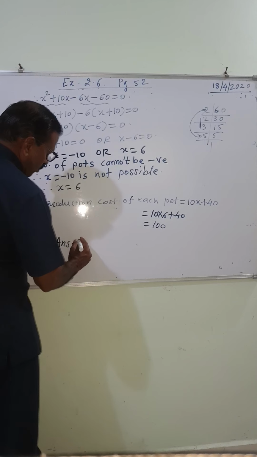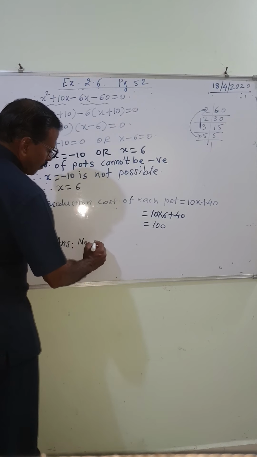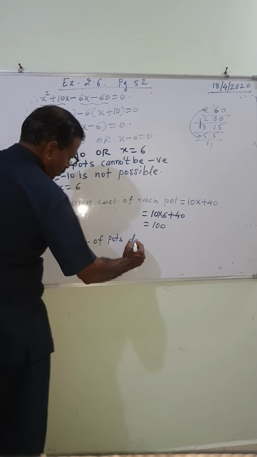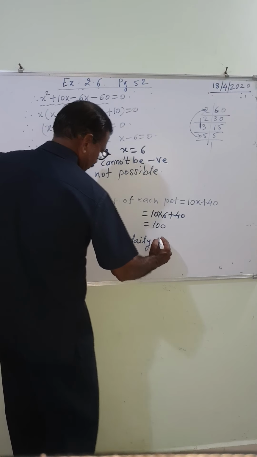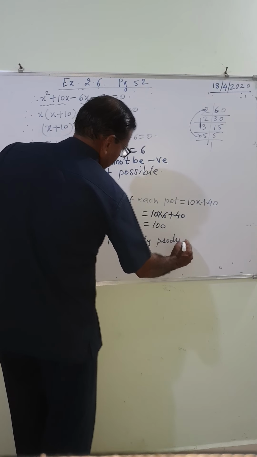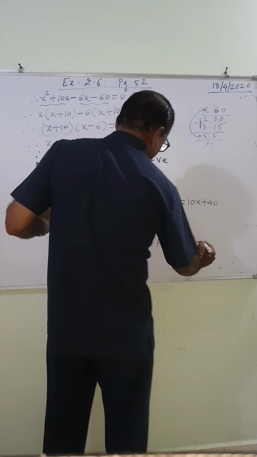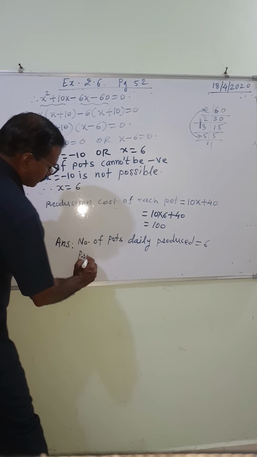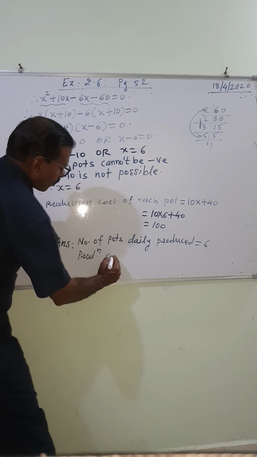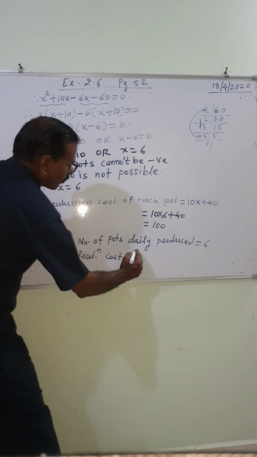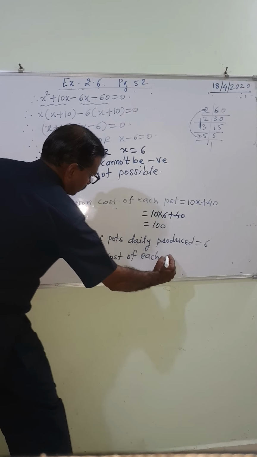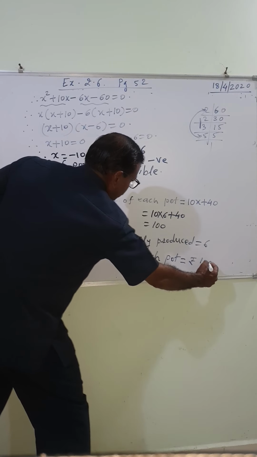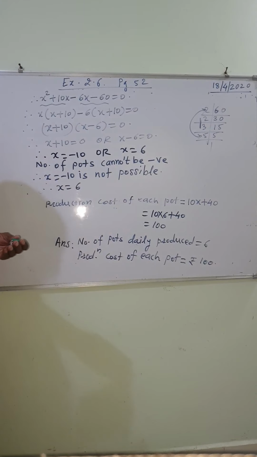Number of pots daily produced is equal to 6. Cost of each pot is equal to rupees 100. This way, this question is over.